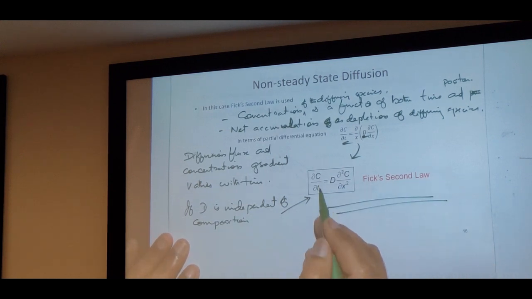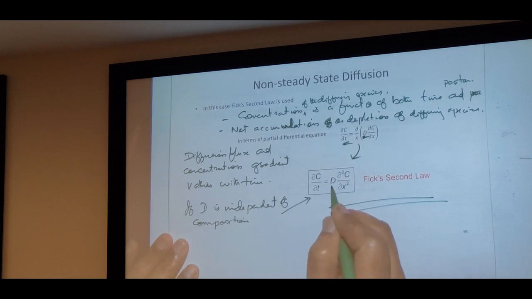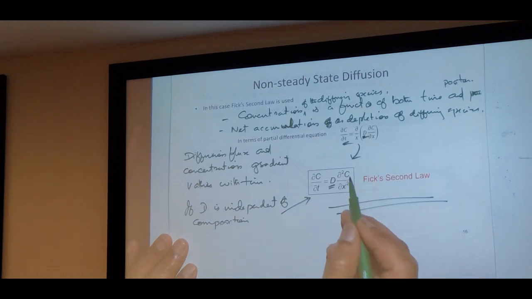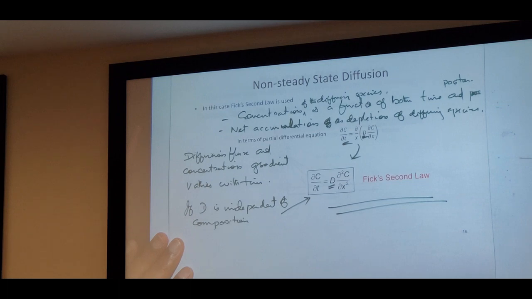So the rate of change of concentration is equal to the product of D, the diffusion coefficient, and the change in the concentration gradient.